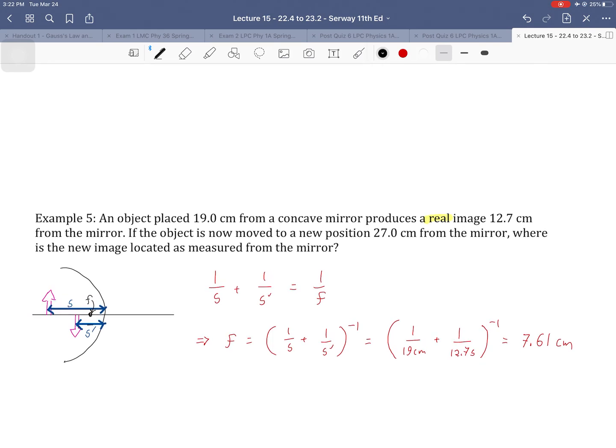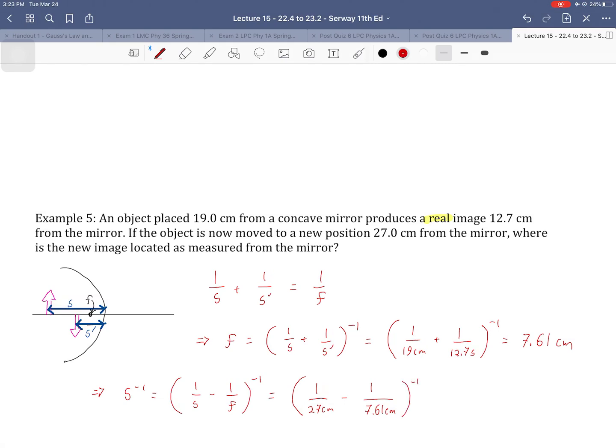Now that we have F, we can just do our step 2 here to solve for S prime. We're going to again use this equation, this time solving for S prime. So S prime would be equal to 1 over S minus 1 over F, the whole thing raised to the negative 1 power. We have a new S now, 27. So we have 1 over 27 centimeters, and then we subtract our focal length, which we now know to be 7.61 centimeters.